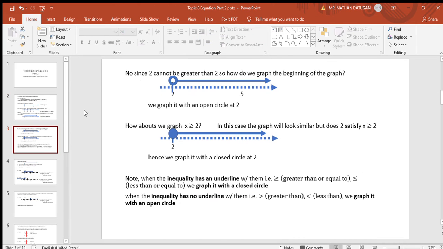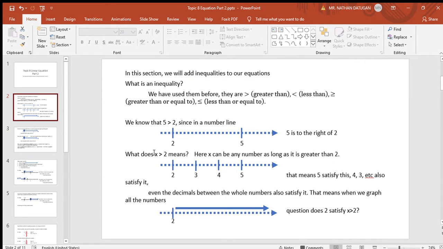No, right? Because 2 is 2, so it cannot be greater than 2. So how do we represent the numbers close to 2 without touching 2? Well, we graph it with an open circle. It signifies that 2 is not included, but the numbers close to 2 are included in x is greater than 2.